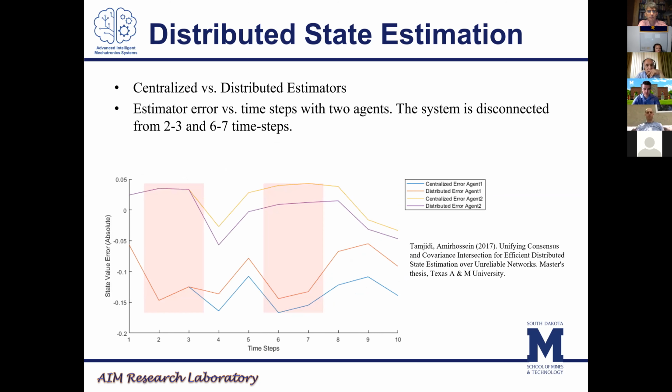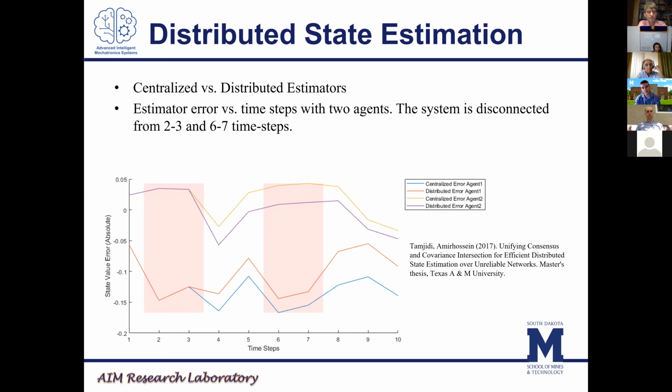So in this slide, we've run both a centralized and a distributed estimator with this simulation. The regions in red on the time steps are where there's a link failure. So at the first time step, the agents can communicate with each other, but then at time steps 2, 3, 6, and 7, the systems are disconnected. So we can see that the centralized and distributed estimators at time steps 1, 2, and 3 produce identical results because they have the same information.